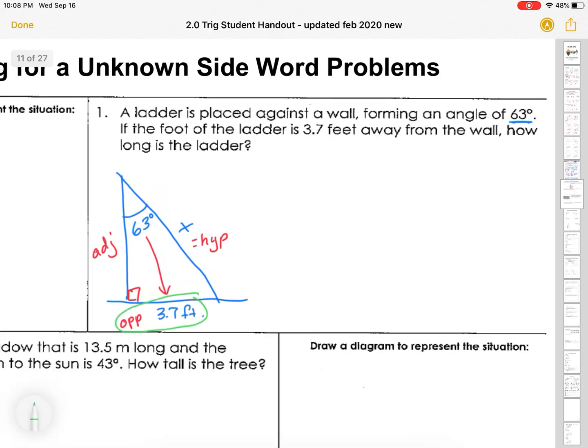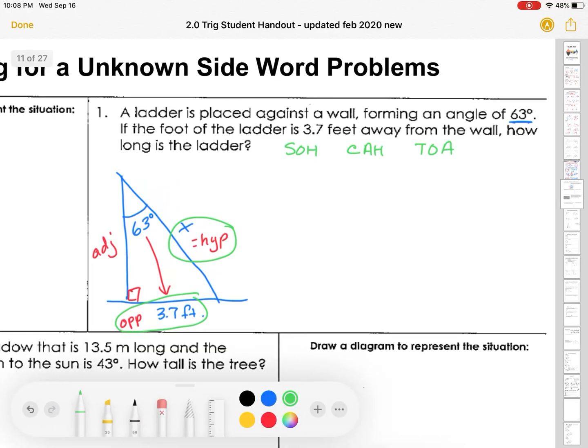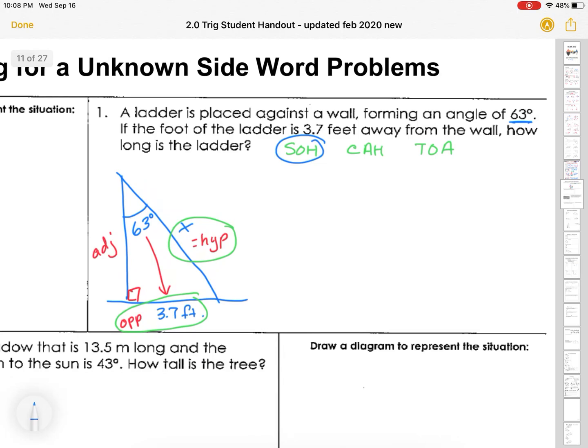From those, I have my opposite, and I'm looking for my hypotenuse. So think about your SOH CAH TOA. And let's see which one we're using. We've got opposite and hypotenuse, so we're using sine. Okay? So sine of your angle is equal to the opposite over hypotenuse.